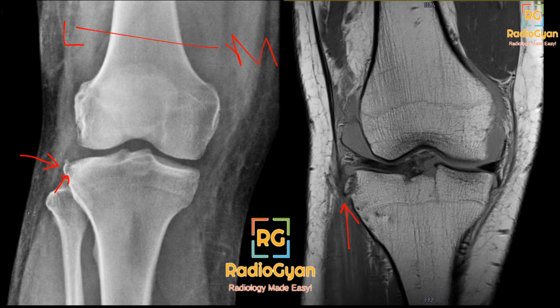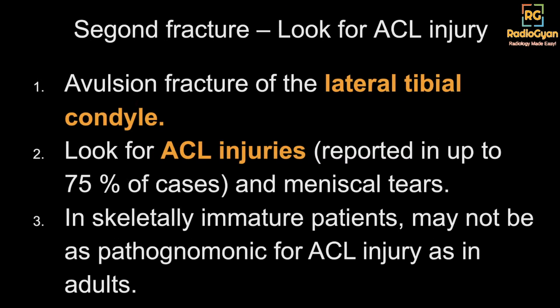That's a Segond fracture. I do not see an ACL injury, although there is something happening here, and I don't see a meniscal injury, especially on these images. So I would not call it an ACL injury or MCL. So make sure that you don't overcall, especially in spot radiology cases.